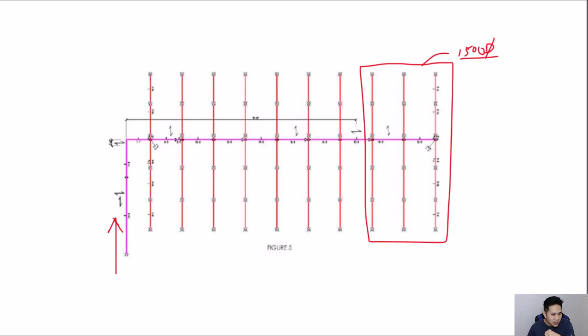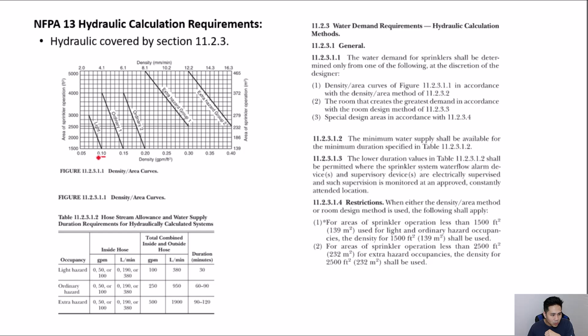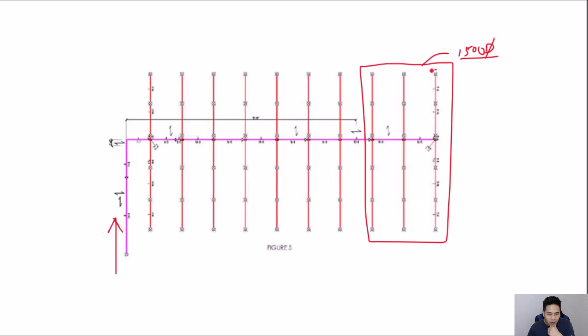And you would use a density of 0.1 GPM per square feet for each of the sprinkler heads within that zone, basically applied to the spacing of that sprinkler head. And for NFPA 13, the standard default spacing with the sprinkler in the center would be 15 by 15.